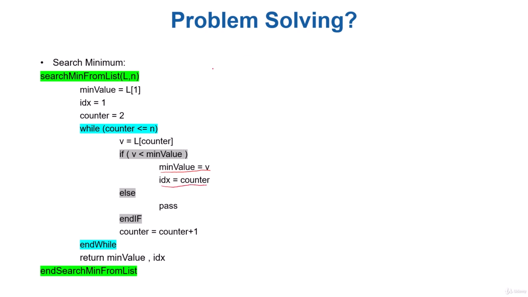So for example, if the list is 1, 7, 0, 2, 4, 9, let's say that's our list. There are 7 numbers in the list. The minimum value is 0, but that appears in position 3.